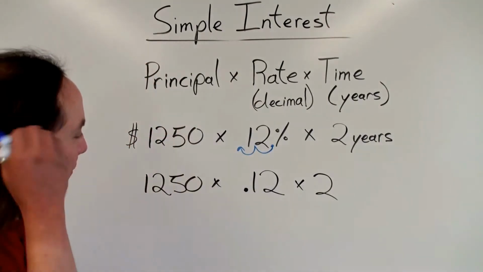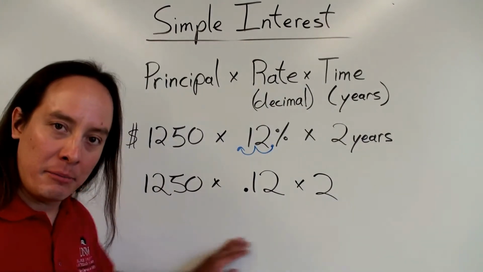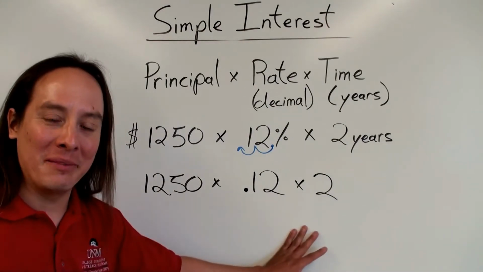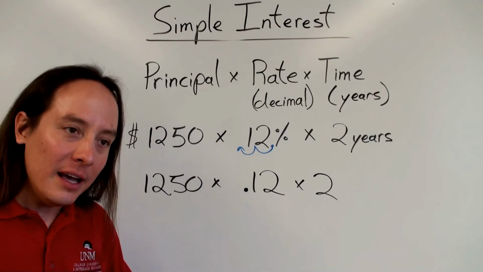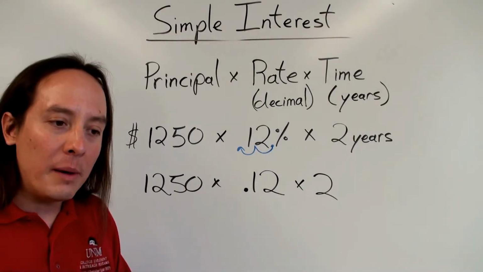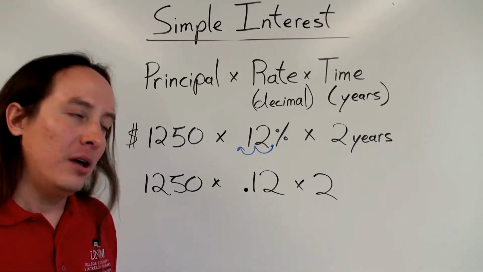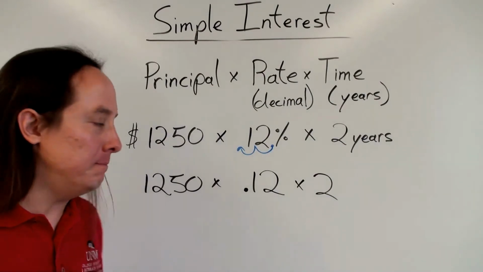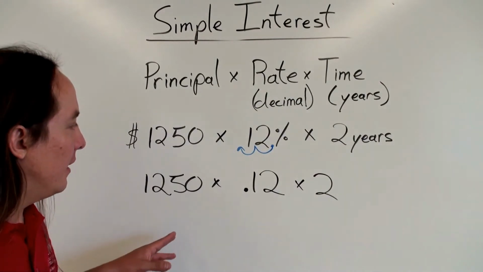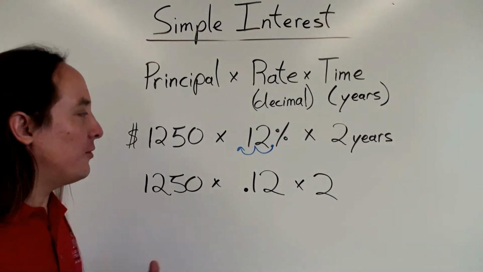Okay. So anyway, when I see a percent problem, or an interest problem like this, ready to go, ready to multiply, usually I try to find one multiplication out of the two that I can do mentally. Just remember one thing.